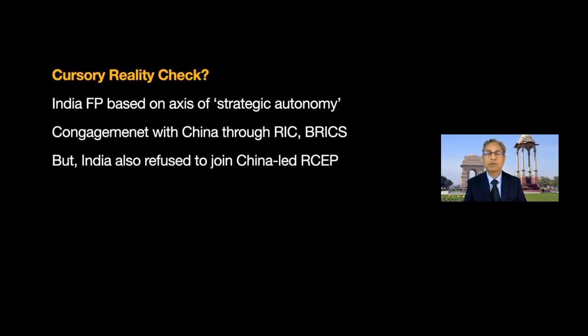But when it comes to some initiatives like RCEP that was signed last year and became effective from this year, South Korea is part of RCEP. It is the Regional Comprehensive Economic Partnership. India felt this was too much dominated by China. It had become China-led. Originally, it was an ASEAN initiative, but over time it became a China-led initiative.